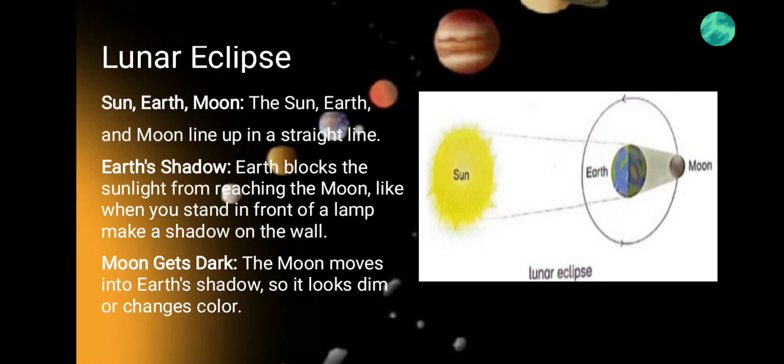Actually, this earth is blocking the sunlight reaching the moon, and as a result, a shadow is made over there. Due to this shadow, the moon looks dim or changes in color. In simple words, we can say that when the earth is between the moon and the sun, the lunar eclipse happens.